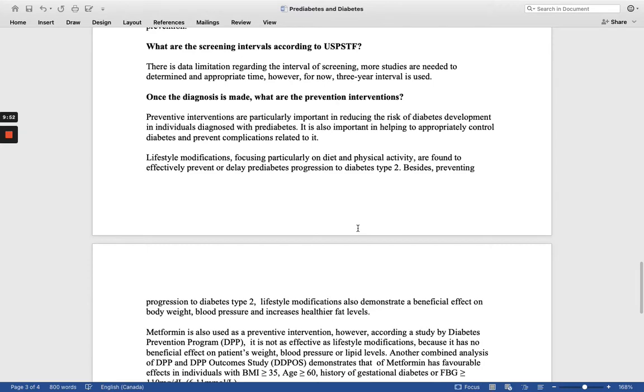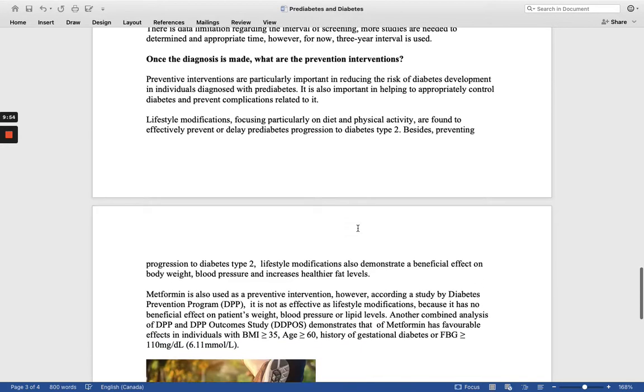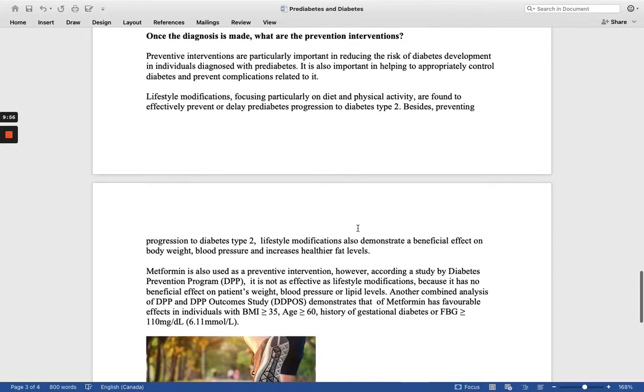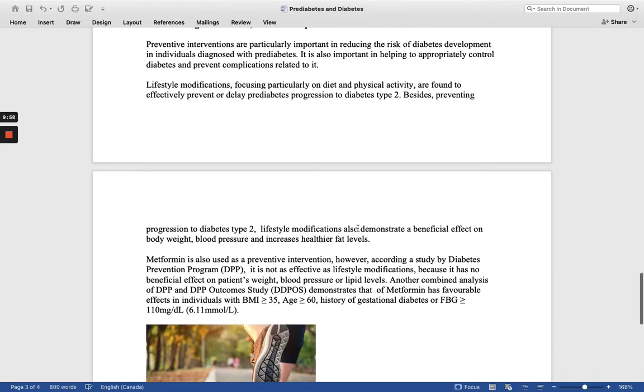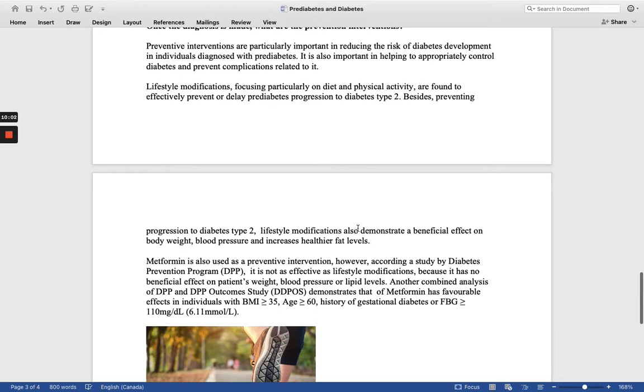Okay, so once the diagnosis for prediabetes is made, there are basically two things that you are given option to. Usually, most of the time, lifestyle modifications are major preventative intervention, and lifestyle modifications include diet and physical activity.